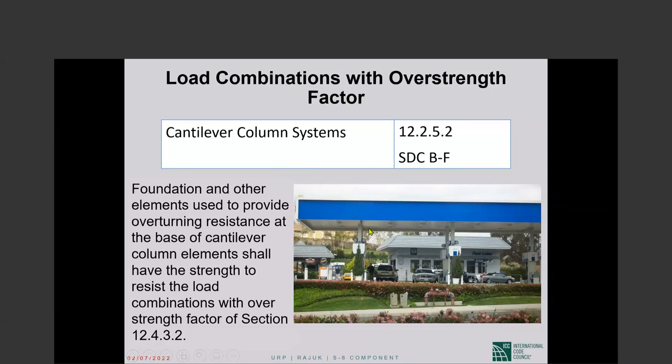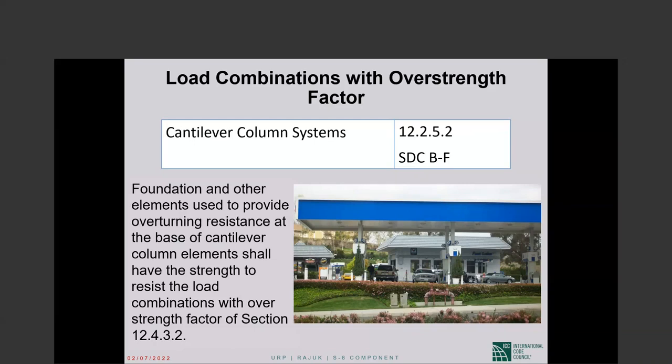So cantilever wall systems are where a cantilever column resists the entire seismic forces. It doesn't have to be one column, it can be a series of columns, but those are cantilever columns comprising the entire seismic force resisting system.